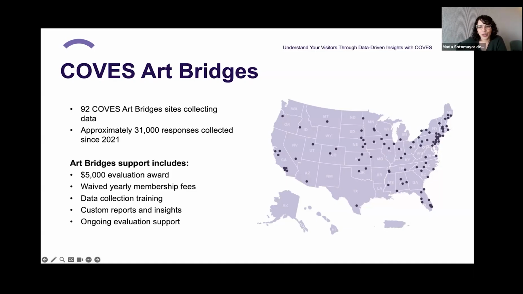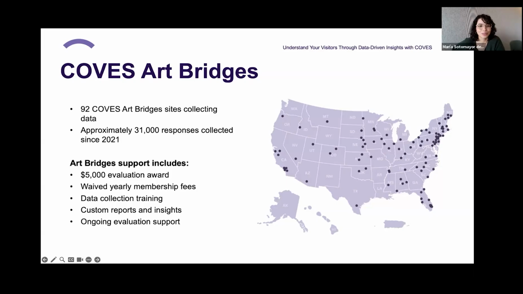So first of all, you'll be joining a network of 92 COVES Art Bridges sites collecting data, and these span art museums of varying sizes across geographic locations, as you can see on this map, showing different types of art and trying to cater to different types of audiences. And these responses make up about 31,000 insights from visitors, which is a huge data set.